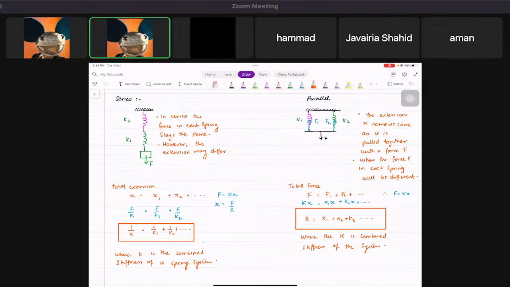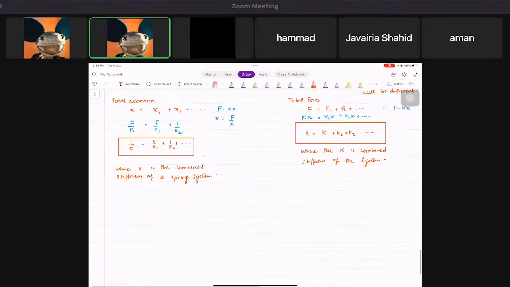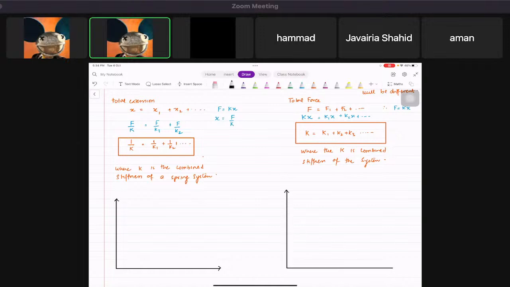Okay, now let's go on. So what I really mean by this is, if you basically understand that if I make two different systems right here, like this, and like this.